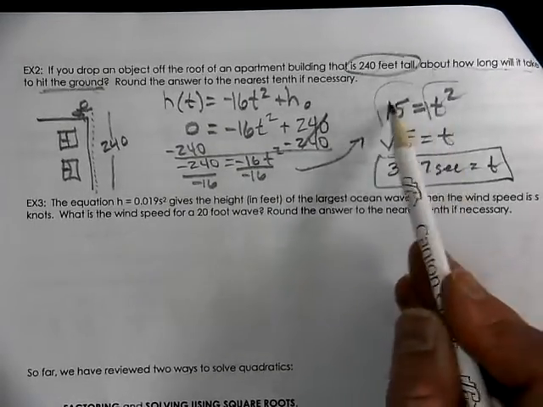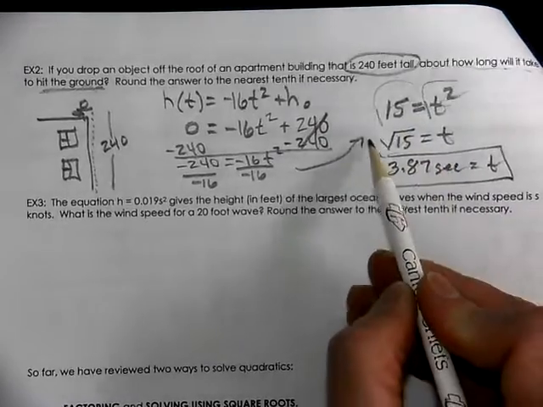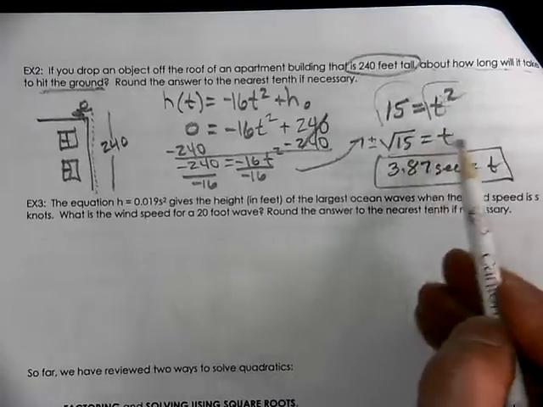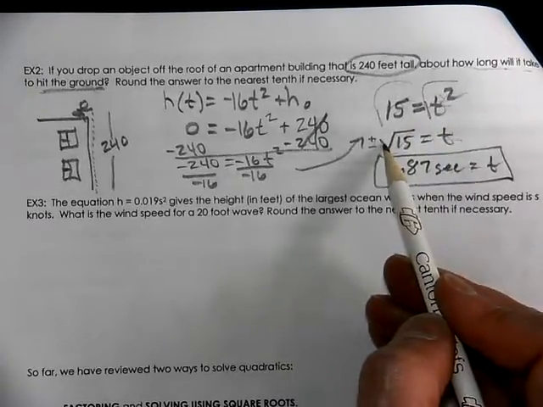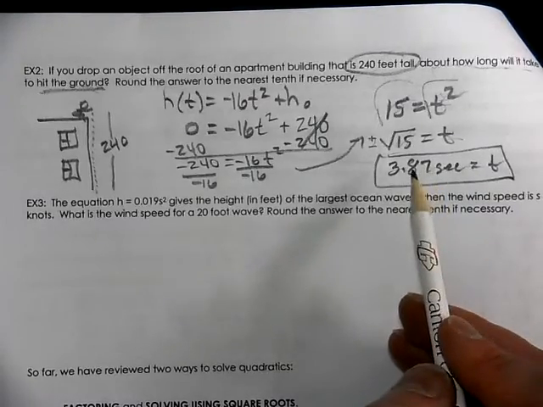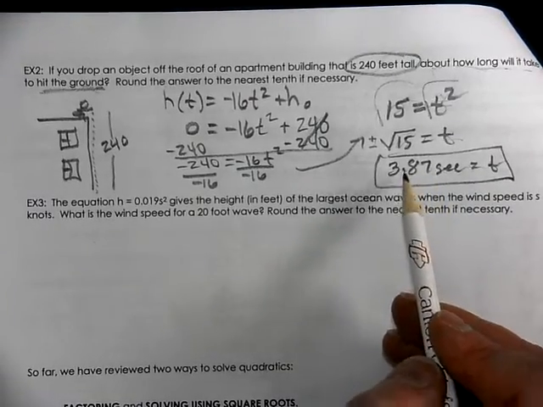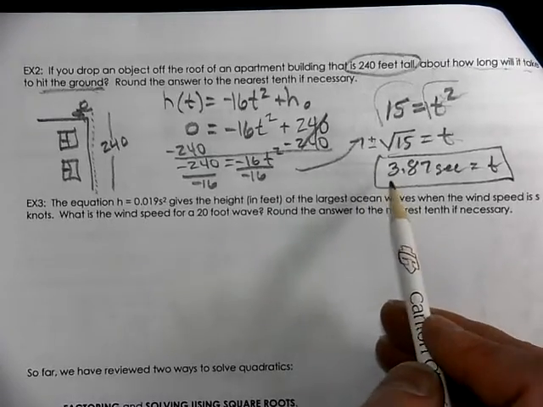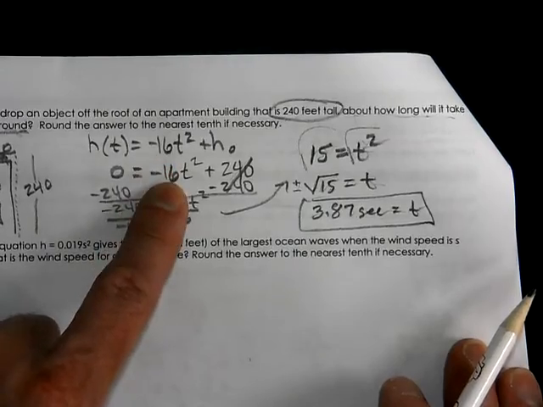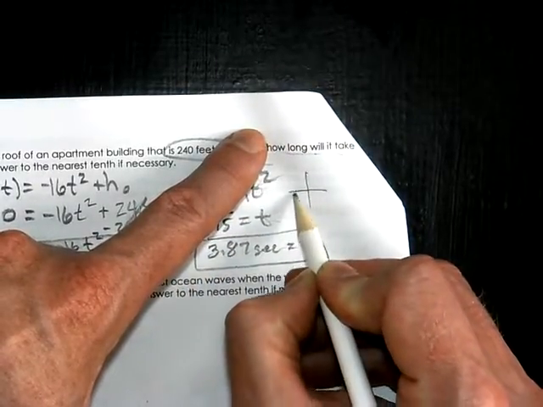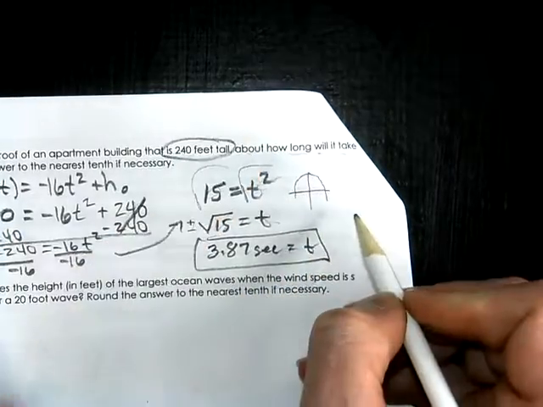Now, in terms of taking the square root, you could think about a plus or minus on your square root, because every time we take the square root, we have plus or minus. But because it's time, we're not interested in a parabola that has negative time. We're only looking for time that's positive. Remember that this parabola that we wrote here is going to look something like that.